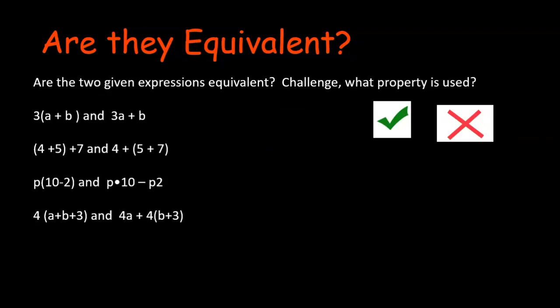What about these? Are the two expressions equivalent? This is a challenge. What property did you use? 3 times the quantity A plus B and 3A plus B. Well, let's see. I think we might have to use the distributive property over here on 3 times the quantity A plus B. So I'm going to rewrite that. 3 times the quantity of A plus B. So if I multiply 3 times A, I get 3A.